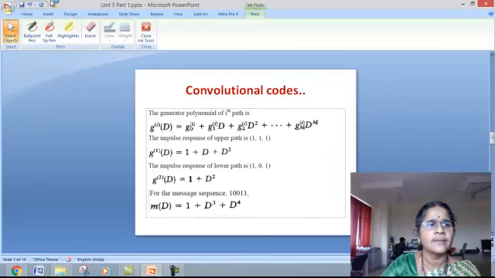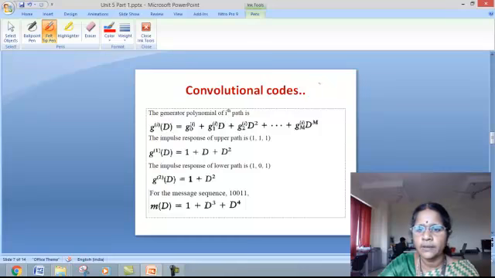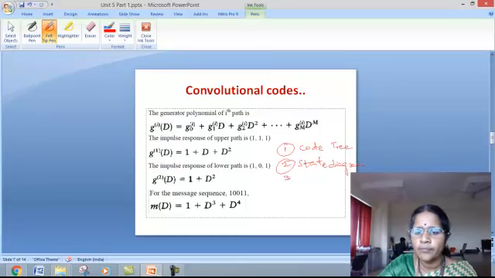There are three ways to represent graphically the output of the convolutional encoder. They are the code tree, state diagram, and the trellis diagram.